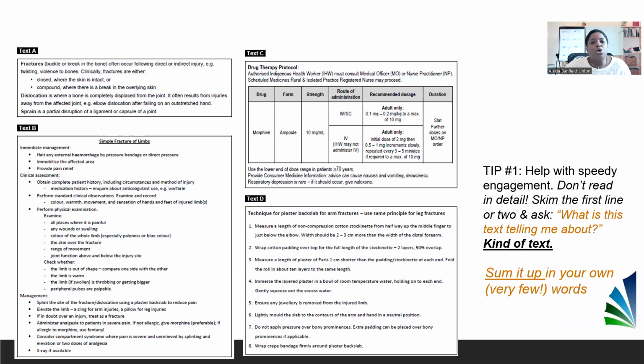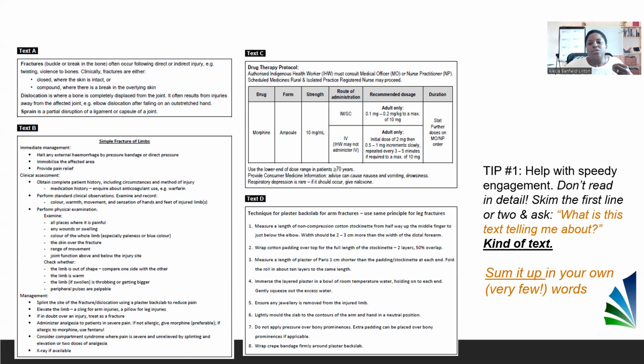Okay, so what do we mean when we talk about speedy engagement? We're talking about instantly recognizing what the topic is and what kind of language to expect. Because after all, if it's about fractures, you're going to expect different language, for example, from if it's about depression.